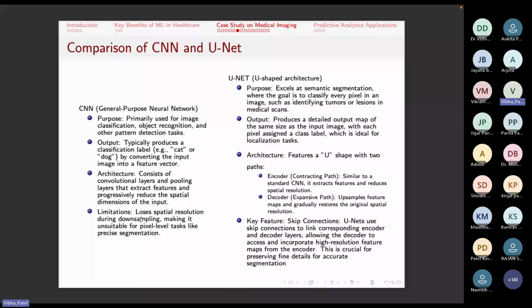If you want a precise location, if you want to know where in my MRI the tumor is residing, then it's difficult for us to get that by using only CNN. So here comes the role of UNet.